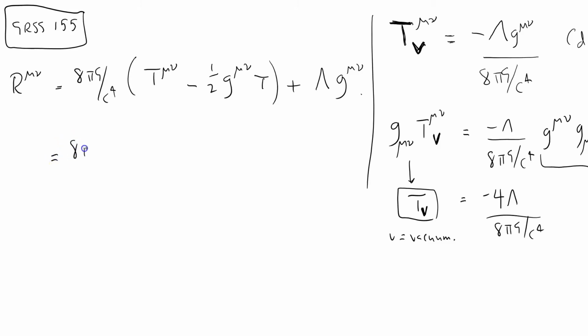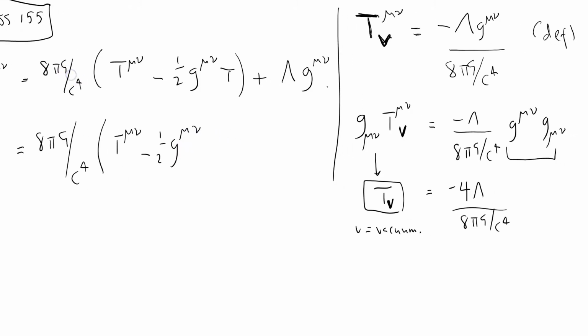So I've got 8 pi G upon c to the power 4 into T upstairs mu nu minus a half g mu nu, minus T vacuum mu nu from this equation here.